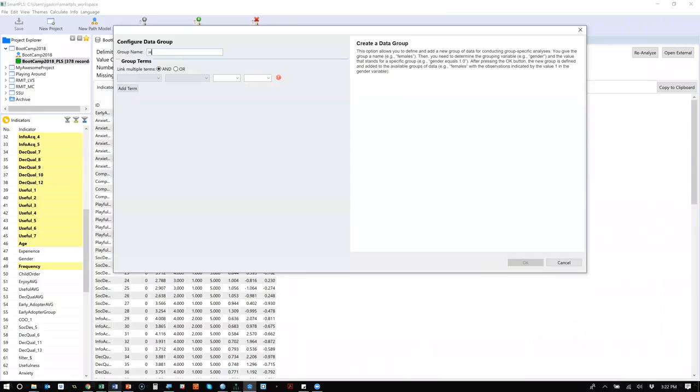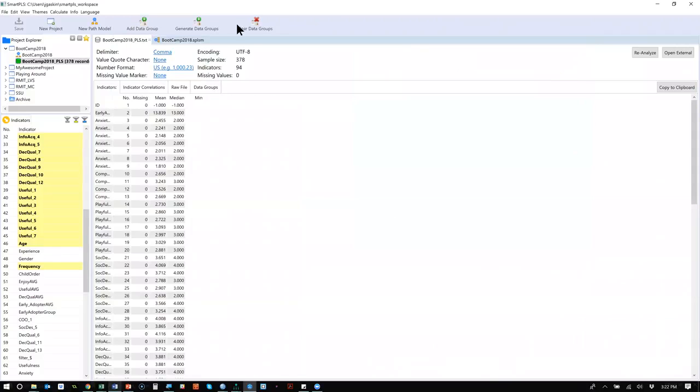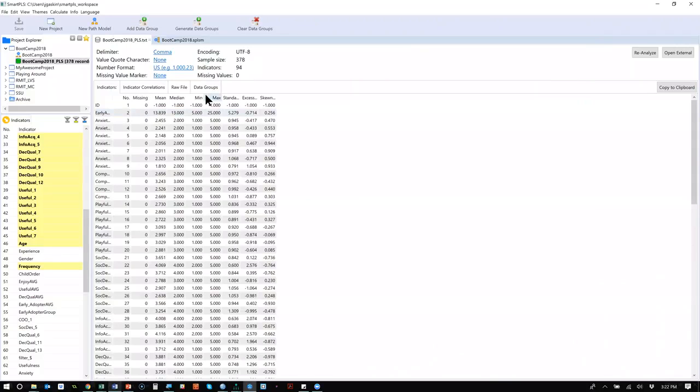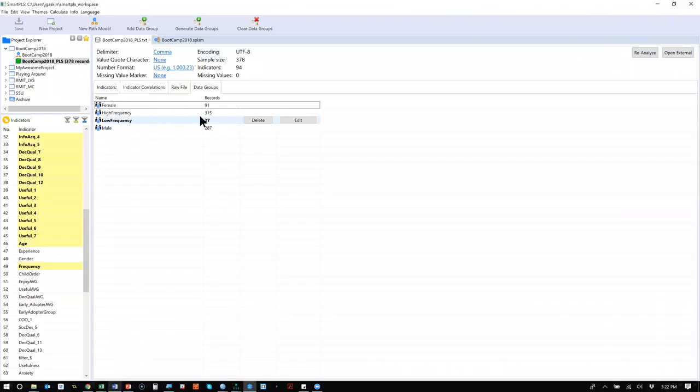Call this high frequency. And it's got to be frequency greater than 3. That's going to exclude anyone who was a 3. There we go. And now if I look at data groups, I have high and low frequency.